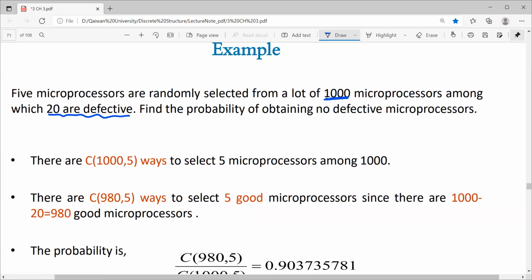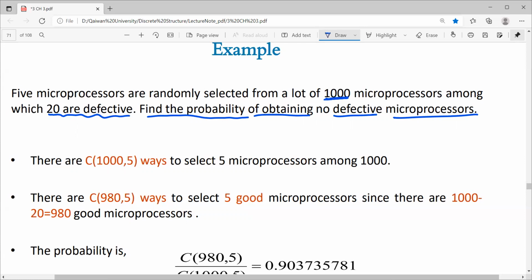It says, find the probability of obtaining no defective microprocessors. Look here, we choose 5 from 1,000. And in the 1,000, we have 20 defective and 980 good ones. Okay.